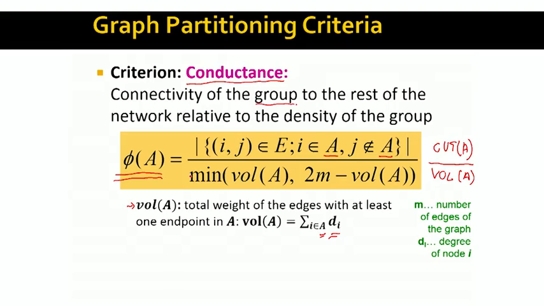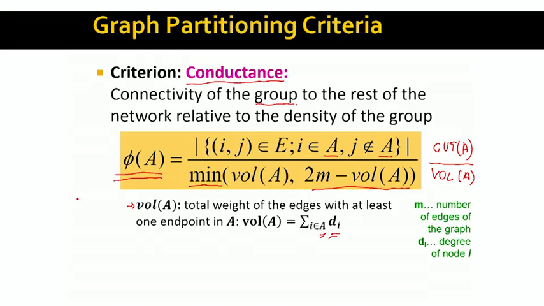One thing that deserves to be said here is that we have this minimum here, and the idea is that we can think about the set A to be less than half of the size of the graph, right? If I have set A to be very big, then the volume of A can overpower the whole thing.